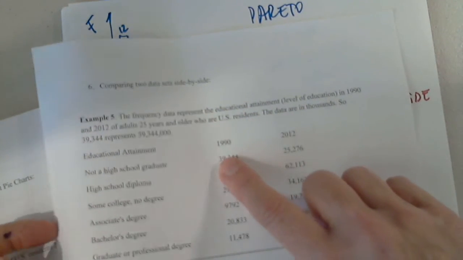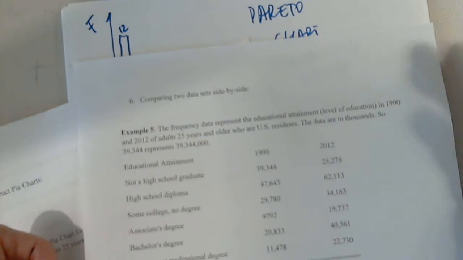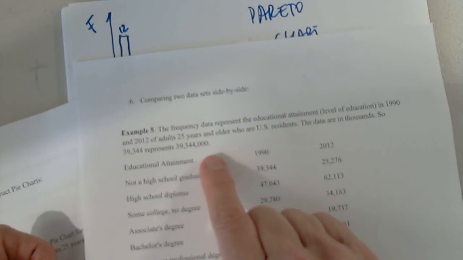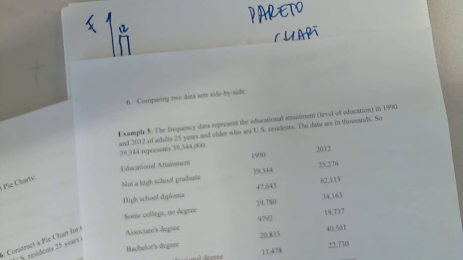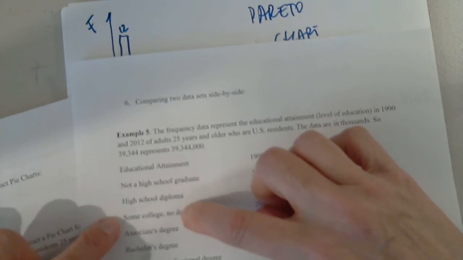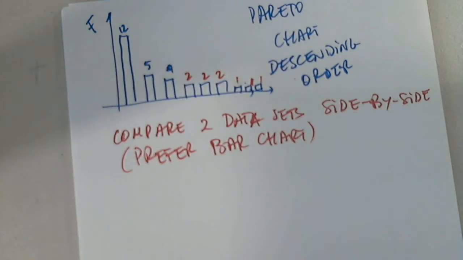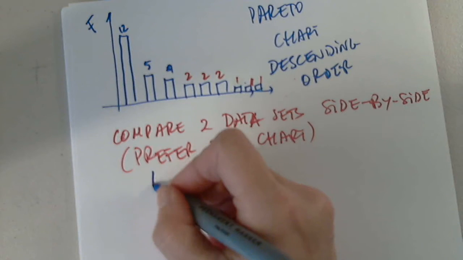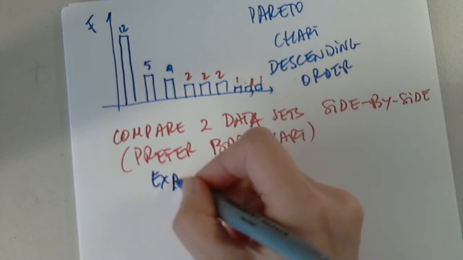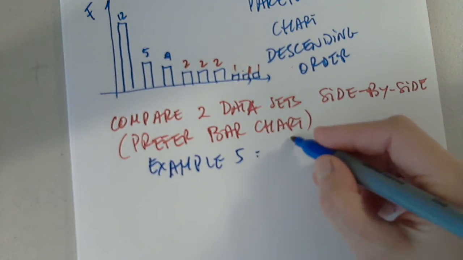So in other words, 39,344 represents actually 39,344,000. Good to know. And we have 6 different categories in this data. So this is example 5.